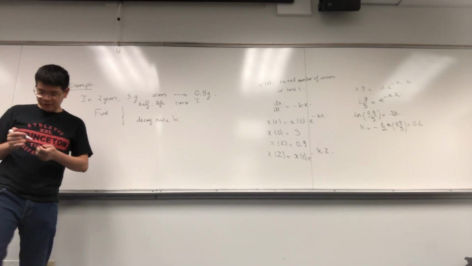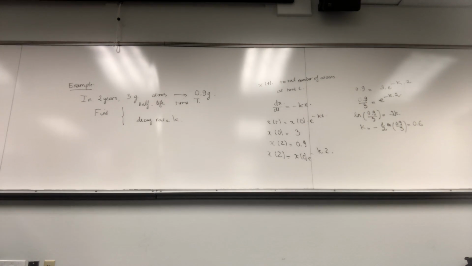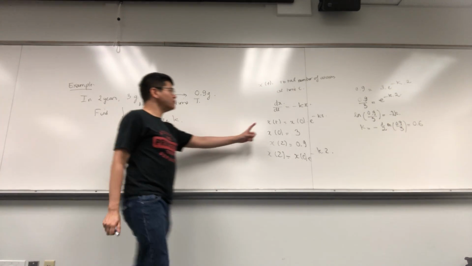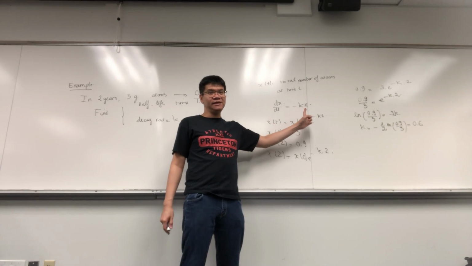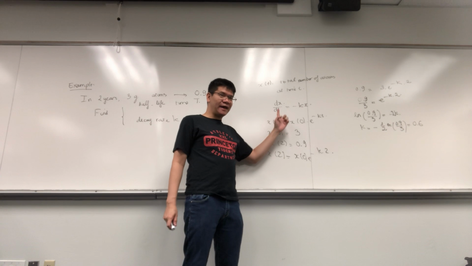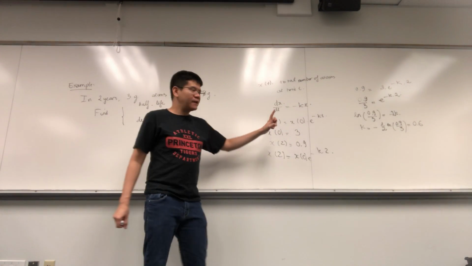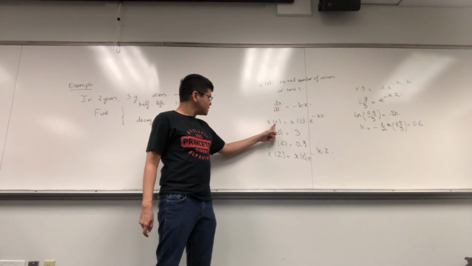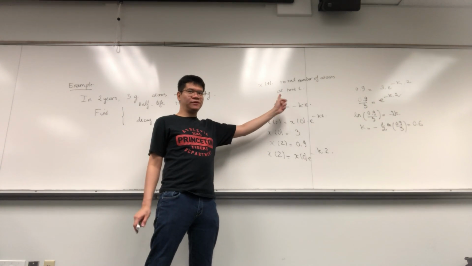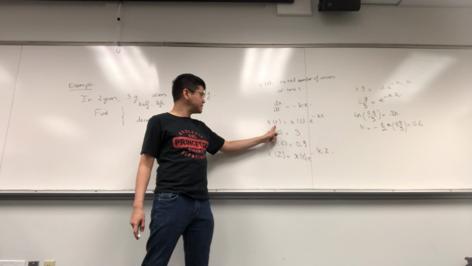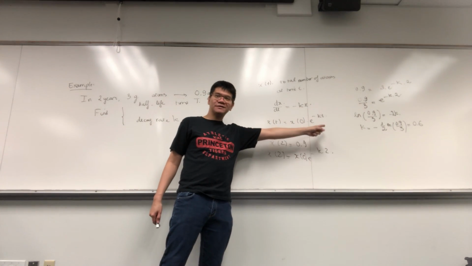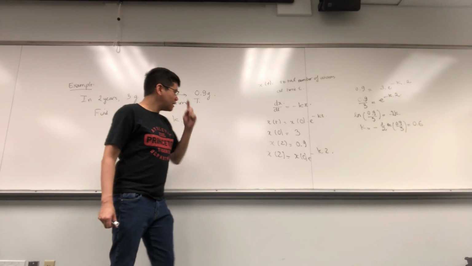Okay. I explain again. If you call k the rate of decay, then the equation will be dx/dt is minus kx. Now, the solution of this equation that we computed last time is x(t) is x0 times e to the power minus kt.